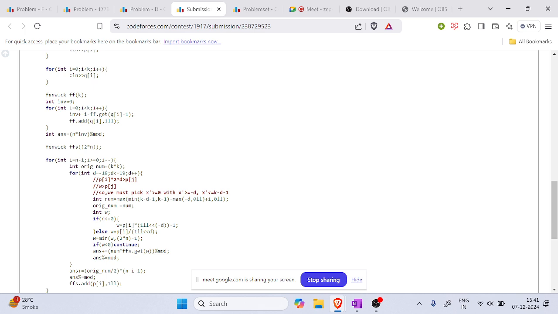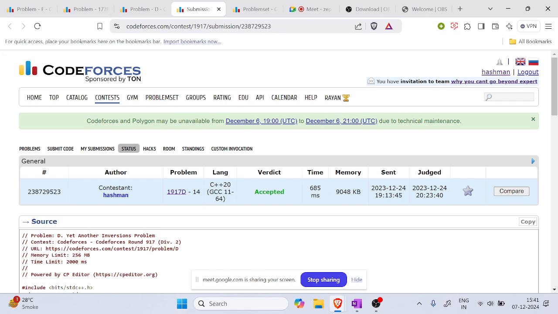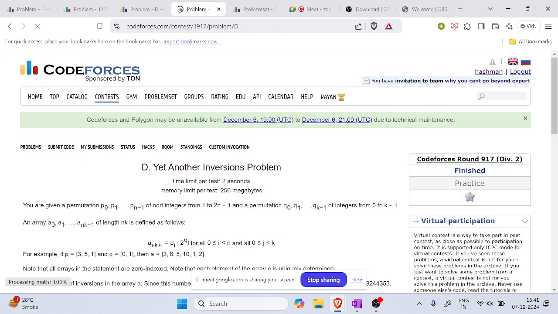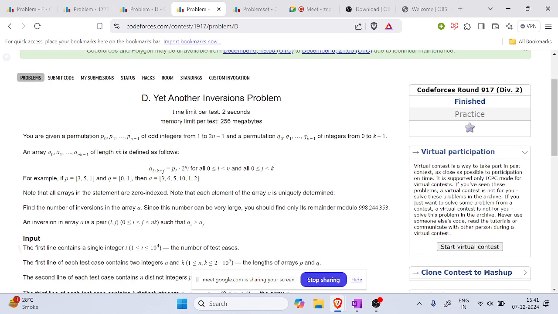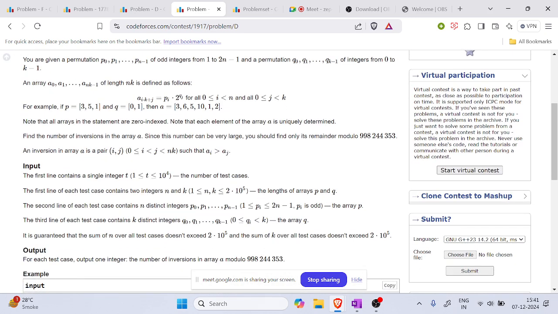And yeah, also one thing that simplifies the implementation is the fact that you are given that pi are odd.